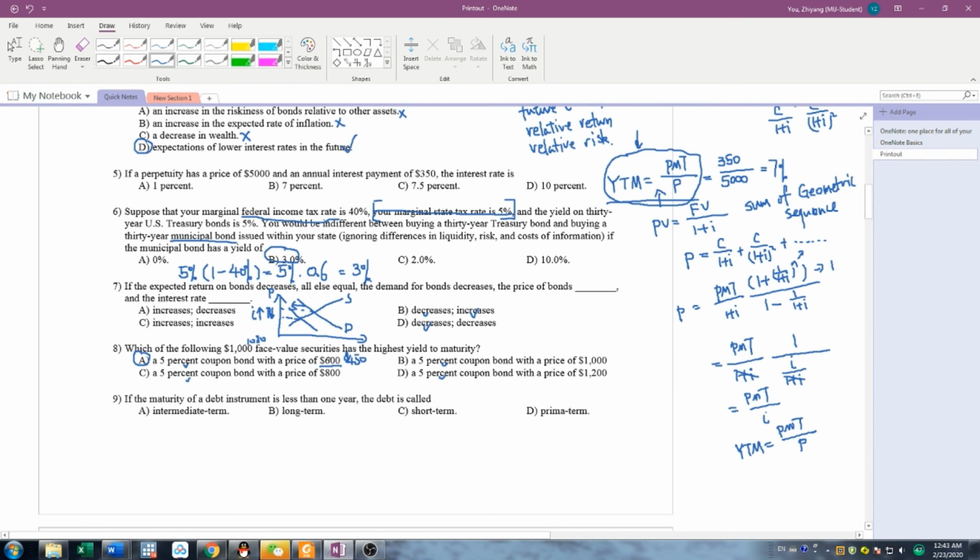Again, this is just 1,050 minus 600. And for option B, I paid 800, so I minus 800, and in the end I got the same $1,050. So that is going to be $250. That's how much I'm going to make for 1 year.